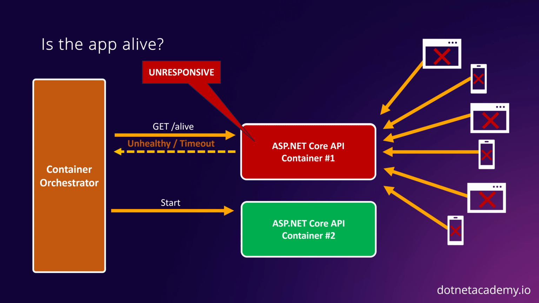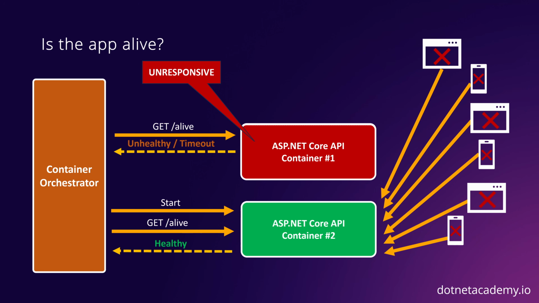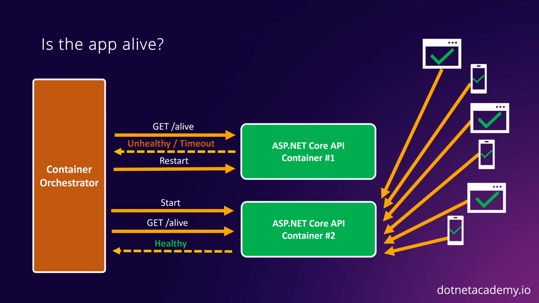Again, the orchestrator waits for a healthy response from the container's liveness endpoint, and once it confirms that the new container is healthy, it stops routing traffic to the unhealthy container and redirects clients to the new one. Clients can now start getting successful responses while the orchestrator restarts the unhealthy container to get it back to good shape. This automatic recovery process ensures your application maintains high availability even when individual containers encounter problems.